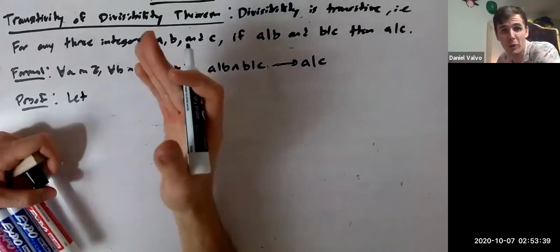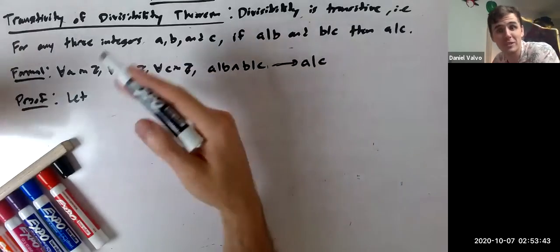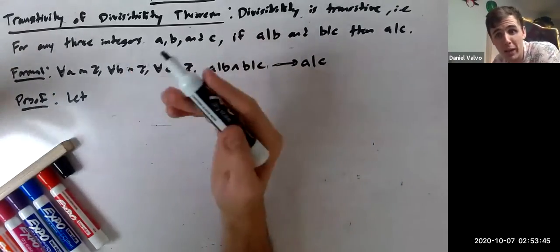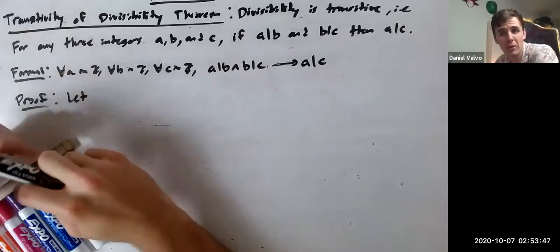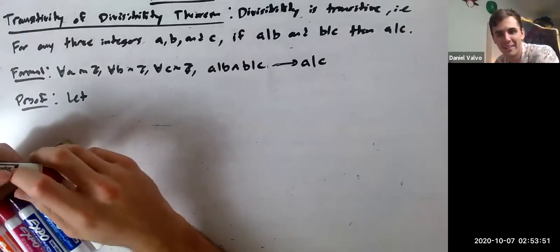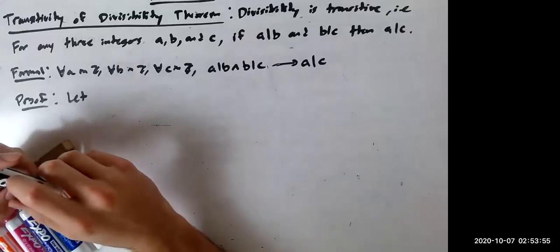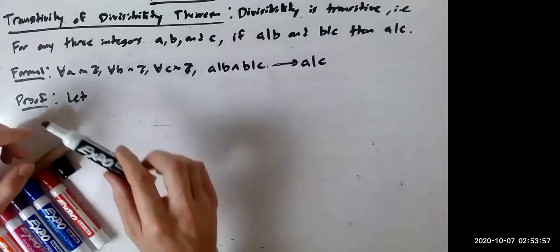Well, what do we start out with? We have to start from somewhere. We need something to play with, something to work with. So what do we start with? A divides B and B divides C? Yeah.